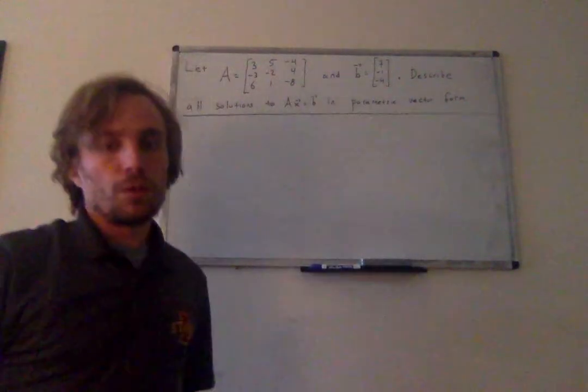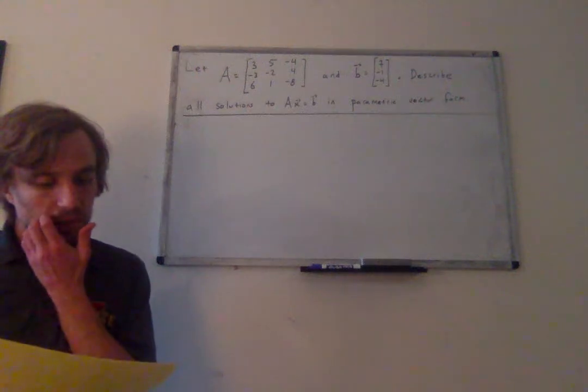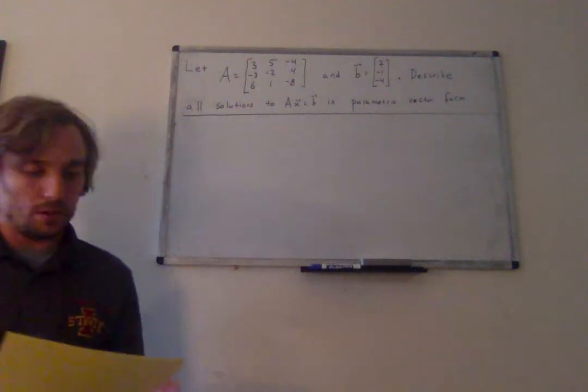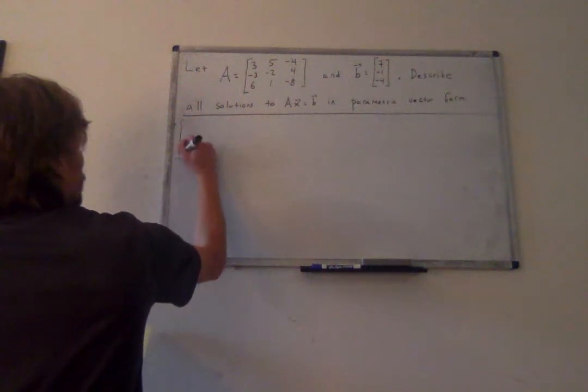you might notice this is the same matrix that we had from before. So what I'm going to do is I'm going to row reduce the augmented matrix that we should be row reducing here.